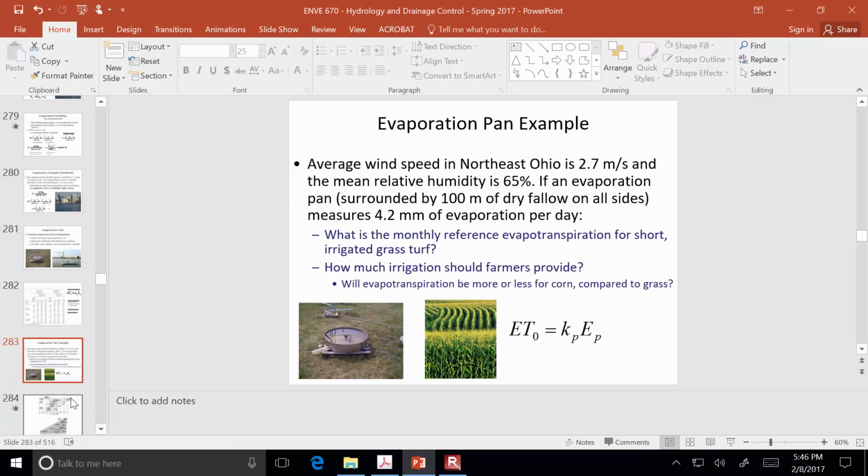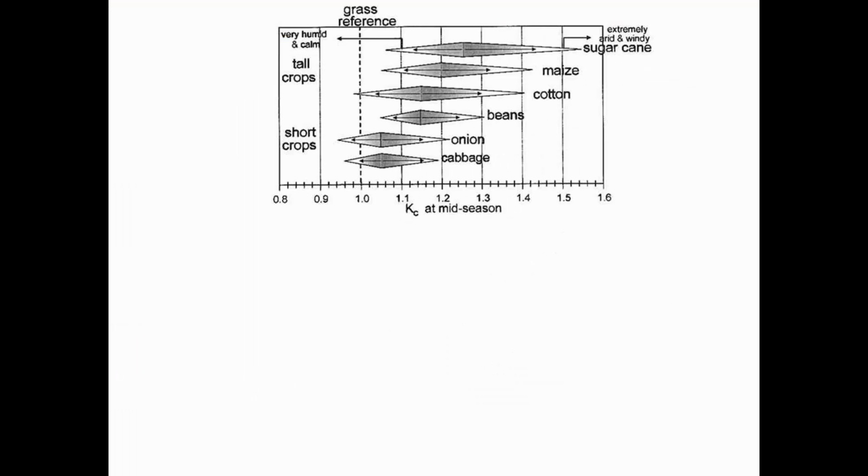And it varies from crop to crop. I found some data online that addressed that. Using grass as a reference, it's talking about some crops need more water and some need less, but of course it also depends on what the conditions were like, and so there's a range here. In the case of maize, or corn, it's saying that in general, corn is going to require about 20% more than grass would.